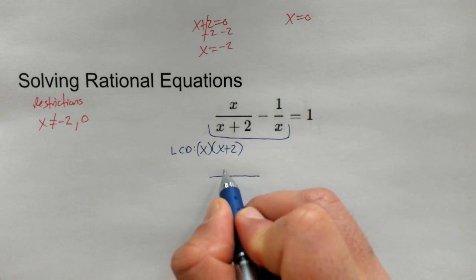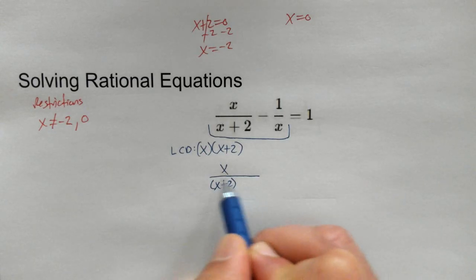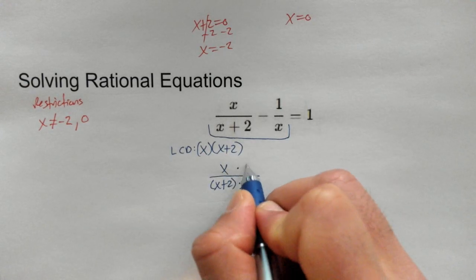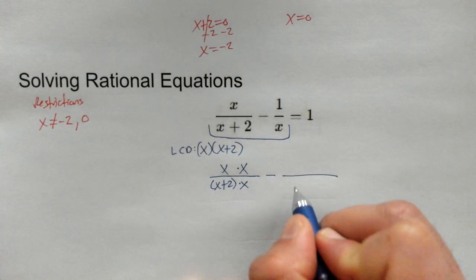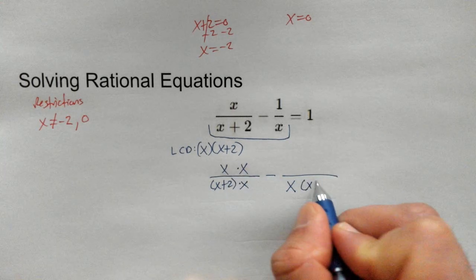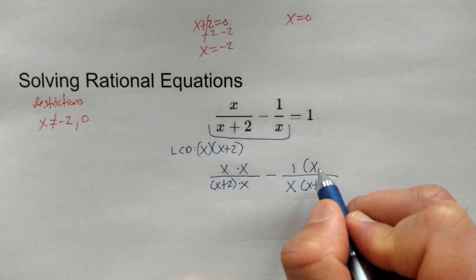So for the first fraction, I got x plus 2. I need to multiply the denominator times x, which means I need to multiply the top times x as well. For the second fraction, I already have an x. I need to multiply it by x plus 2. So I need to multiply the top times x plus 2.